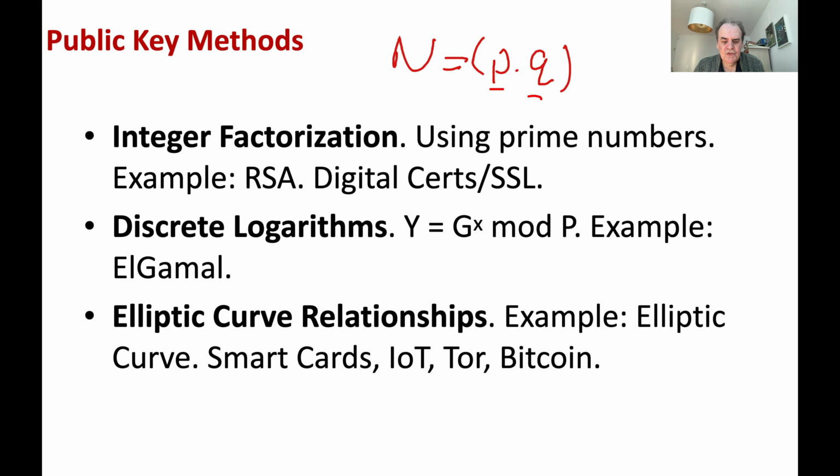Then we have discrete log methods, and with this we have the form g to the power of x mod p. And then elliptic curve methods we'll cover, but these are used extensively these days in smart cards, IoT, Tor, the Tor routing, and in Bitcoin.